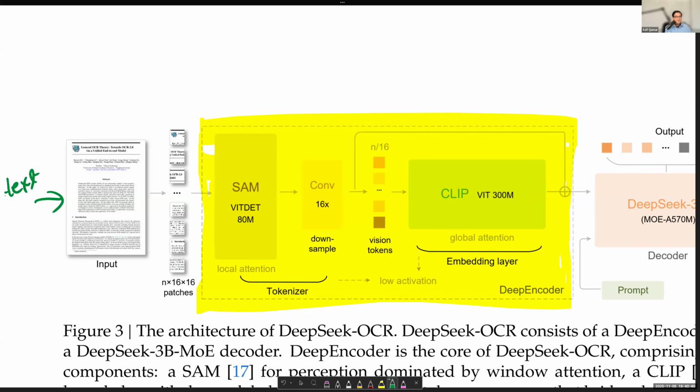Now, normally, if you're familiar with vision models, ViTs, you see the standard 16 by 16 patches. So you'll break up the page into n number of those patches. Those patches will go into your SAM ViT. What will come out? You will get contextualized tokens. What they do, and this is very interesting, is downsample using a convolutional neural net.